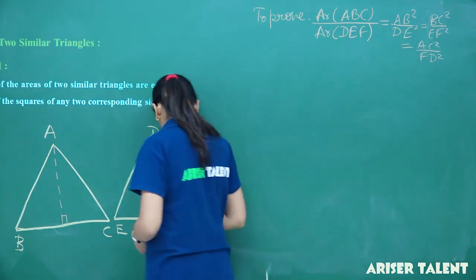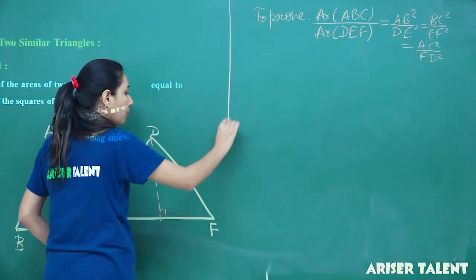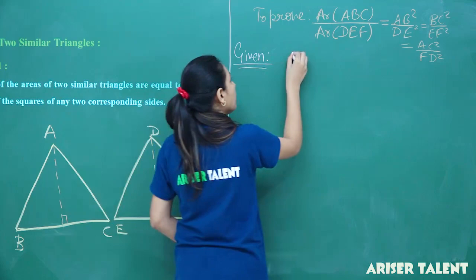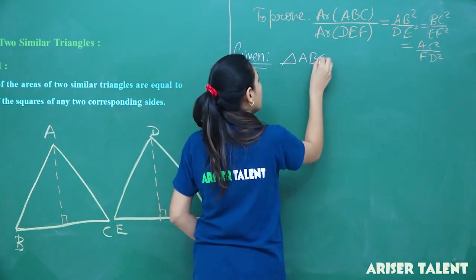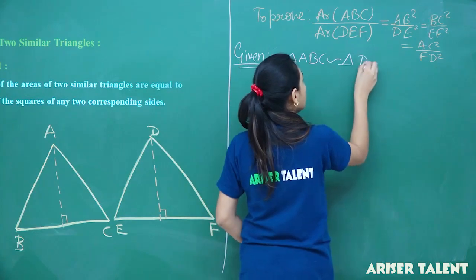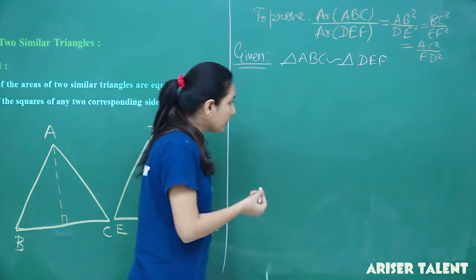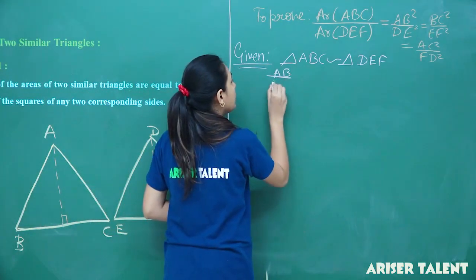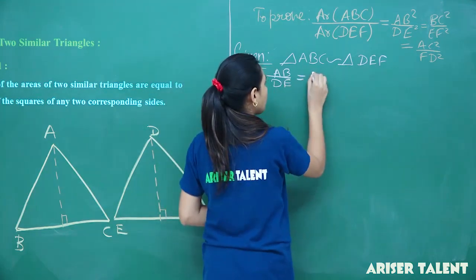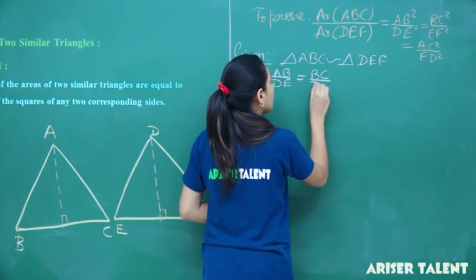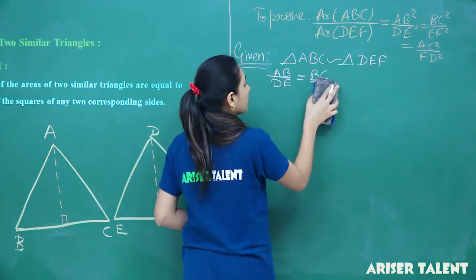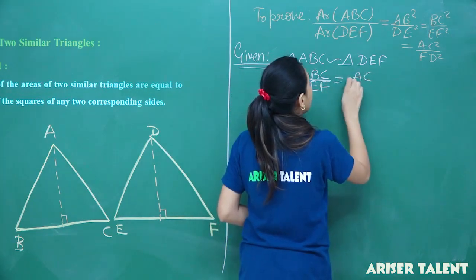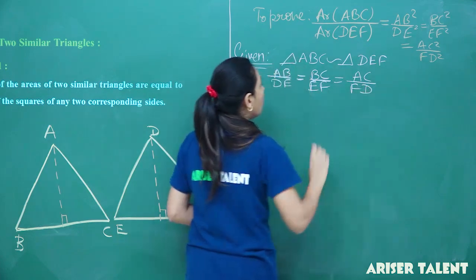So this is what we have to prove. Okay, and what is given? The only thing given is triangle ABC is similar to triangle DEF. So we have this given, so we can conclude by Thales theorem the proportions. So just write AB by DE equals BC by EF equals AC by FD. Okay, this is one.